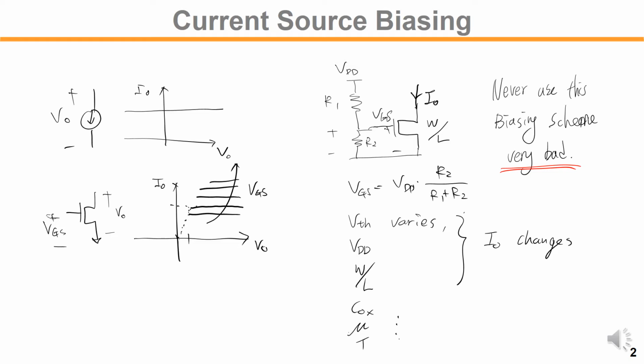But in the textbook, for the BJT device, we see many places using this kind of resistor string biasing.